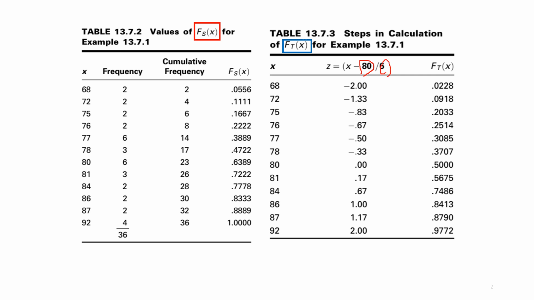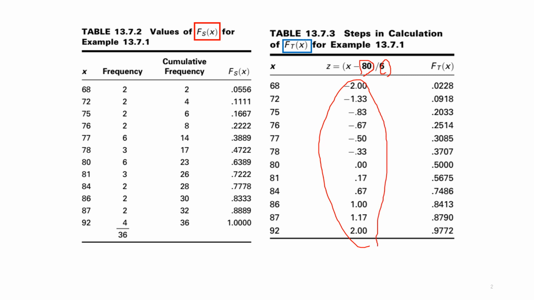Every x value is put in and transformed into z. So we end up with minus 2.00 for 68, and minus 1.33 for 72. In this way, we can calculate all the z values in this column.